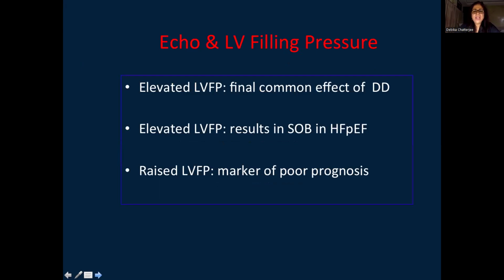We can find out that the LV filling pressure is high, because it is the final common effect of diastolic dysfunction in the heart. And it is the elevated LV filling pressure which results in shortness of breath in this group of patients. And also, this raised LV filling pressure is a marker of poor prognosis.